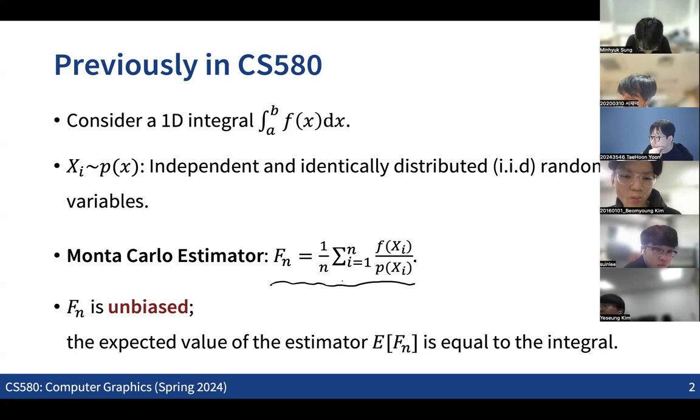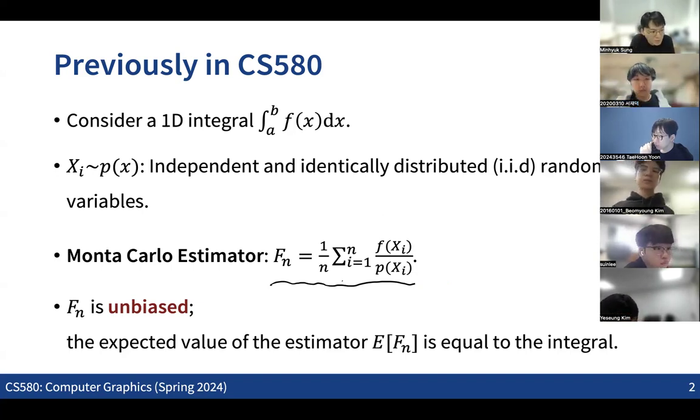One of the good things about the Monte Carlo estimator is that it is an unbiased estimator, which means we can expect the output to be equal to the integral. When you calculate the expected value of the estimator, we can prove that the expected value is the same as the integral.